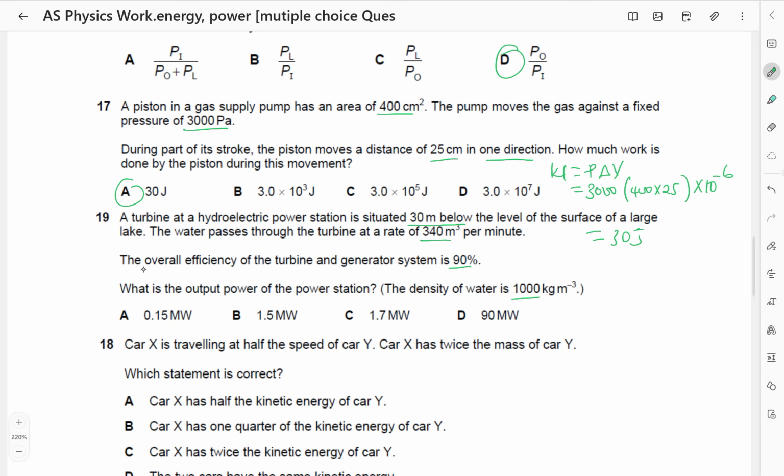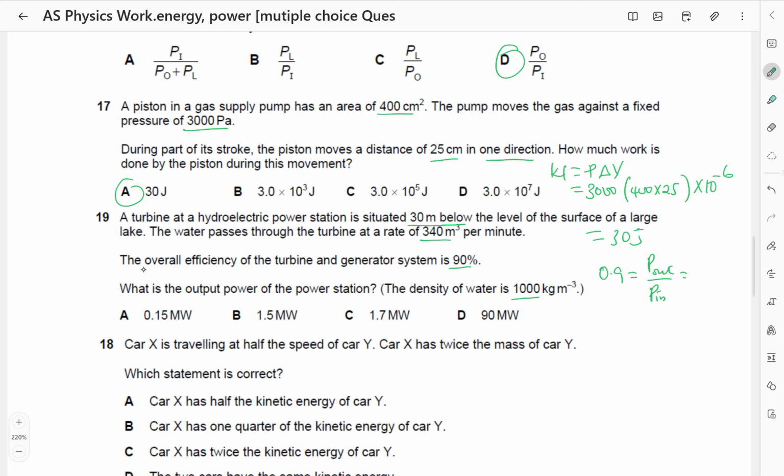We know efficiency is power output over power input, so the efficiency is 0.9. This should be equal to the power output over the power input. What is the power input? The turbine is situated 30 meters below the level of the surface of a large lake, so water must fall 30 meters.